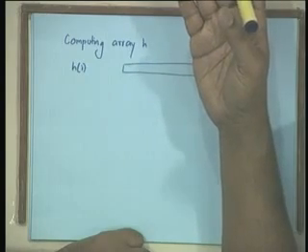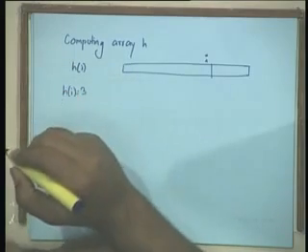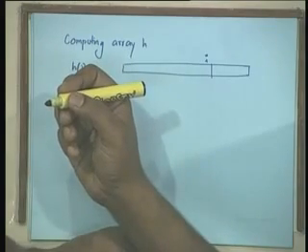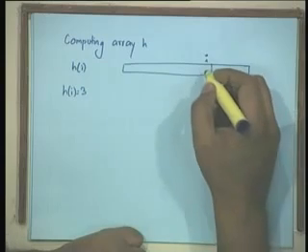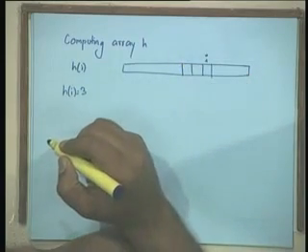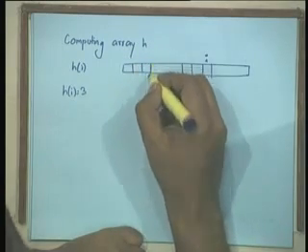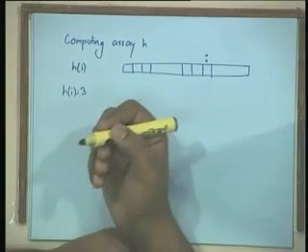What does that mean? Suppose I am trying out the value H of I equals 3. What should I do to try this out? I should look at the last 3 characters here, and the first 3 characters, and see if they are the same.